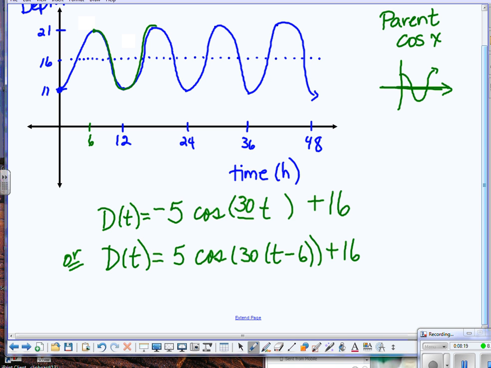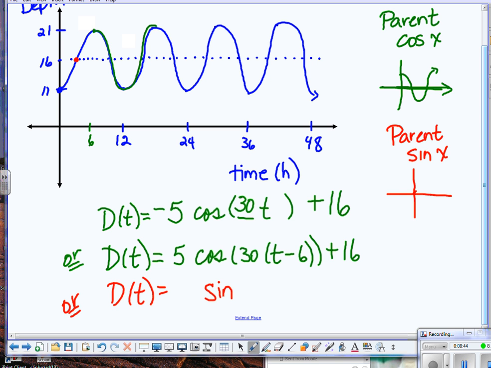Some students would rather use sine. Here's a third possibility for the same function. So if you used a sine function, it starts in the middle as you're headed upwards. So our parent function for sine looks like that, which would start where I have the red dot on our graph.